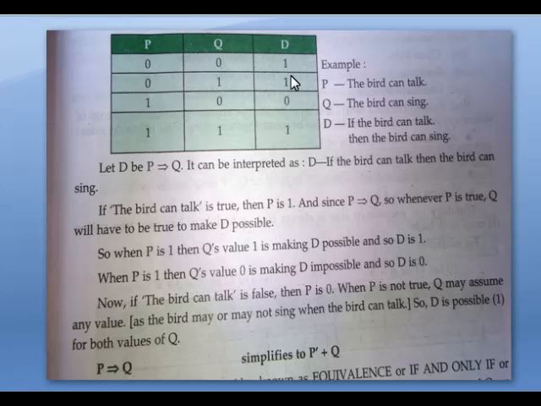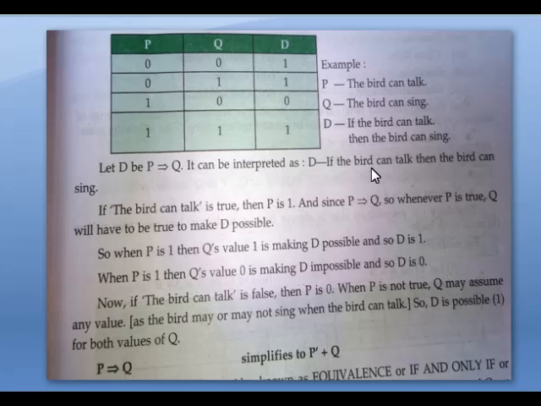If P is 0 and Q is 1, the output is 1. If P is 1 and Q is 0, the output is 0. If P is 1 and Q is 1, the output is 1. This is for conditional.